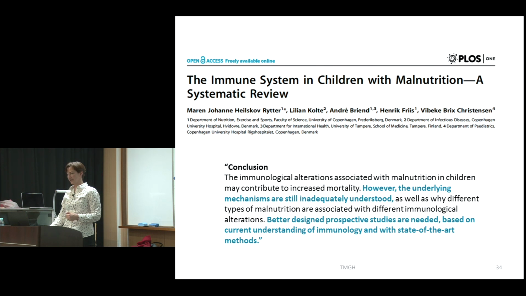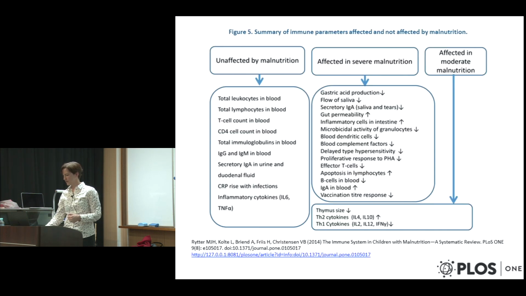For those that are interested, there's a good review that summarizes the different things that are affected and unaffected. You will also be sent electronic copies of some different documents, extra resources available to you if you are interested. Some of them are targeted more at clinicians, and some more at community nutrition.